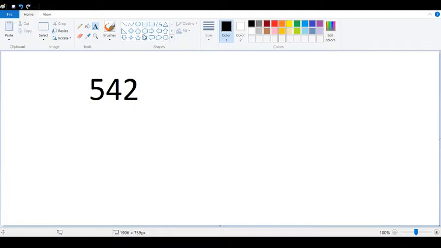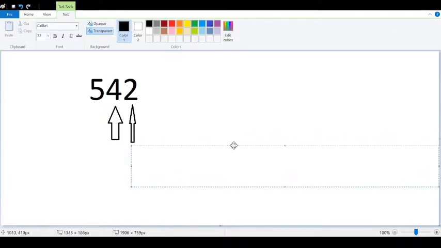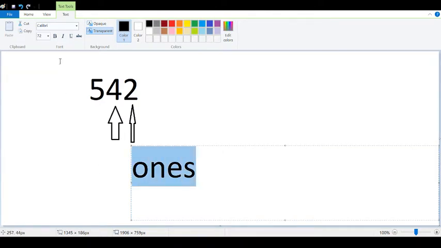The 2 right here is in what is considered the ones spot. So that is the ones place. Then we have the number 4 here. Let me write these as I go. Ooh, that's horrible. We may have to fix that font size there.